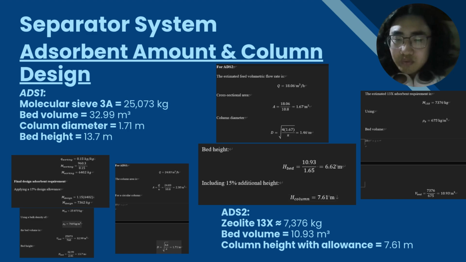For ADS2, around 7,376 kilograms of zeolite 13X are used with a bed volume of 10.93 cubic meters and a total column height of 7.61 meters. This dimension provides sufficient adsorption capacity while maintaining effective operation.